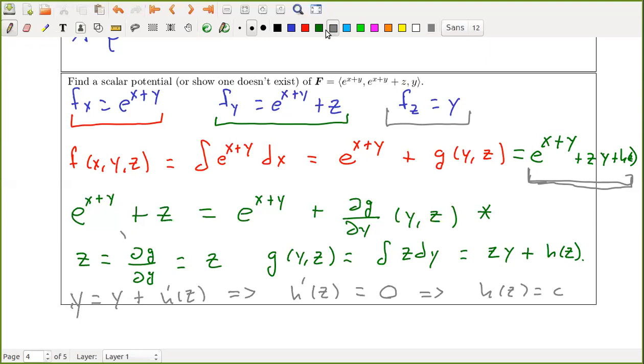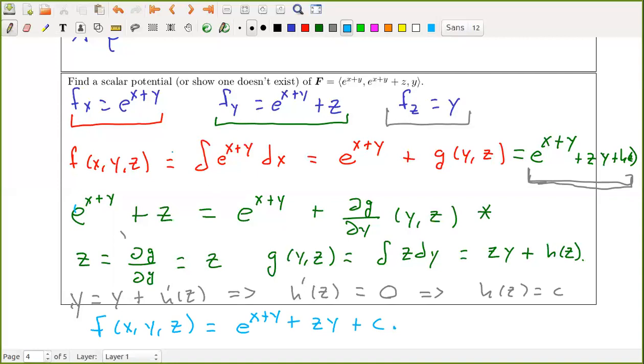And so the final answer then, f of x, y, z is equal to e to the power of x plus y plus zy plus a constant. And again, the constant is like a constant of integration.